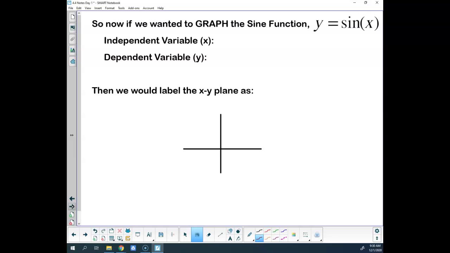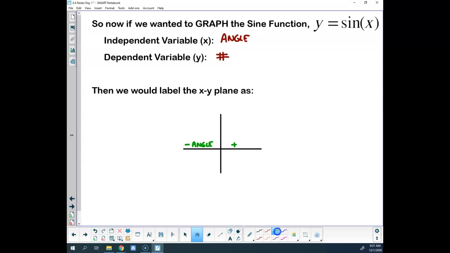So if we want to graph the sine function, y equals sine of x, again, our independent variable would be the angle. Our number would be the output. Okay? And so then our xy plane, we would have negative angles here.